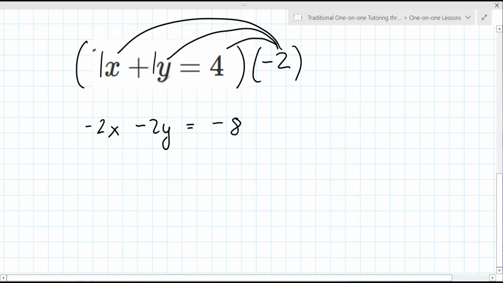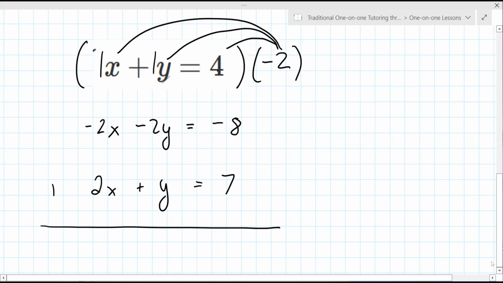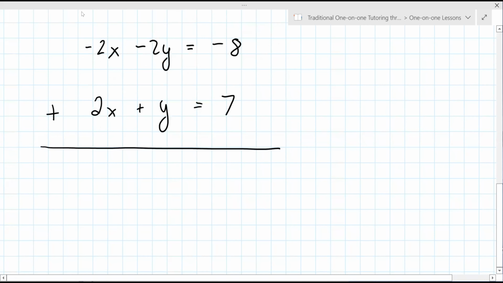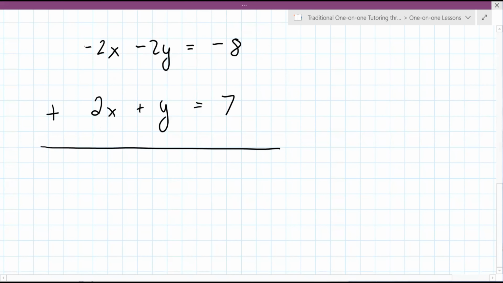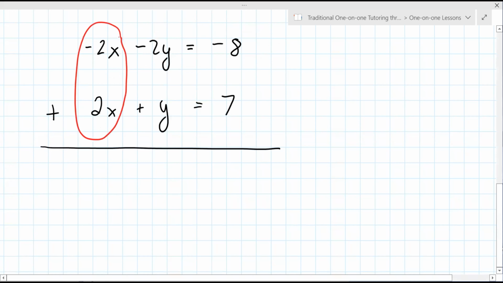All right, now I'm going to write another equation below it. We're going to do the same thing we did in the last problem. We're going to add vertically, which means you look at them grouping by grouping.